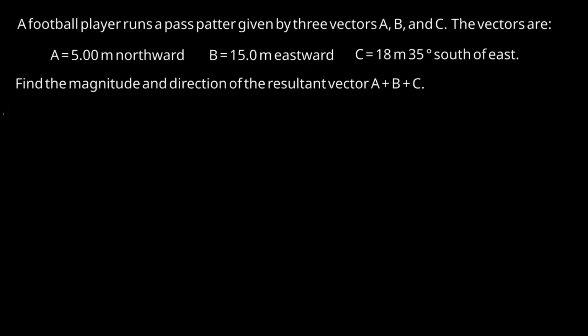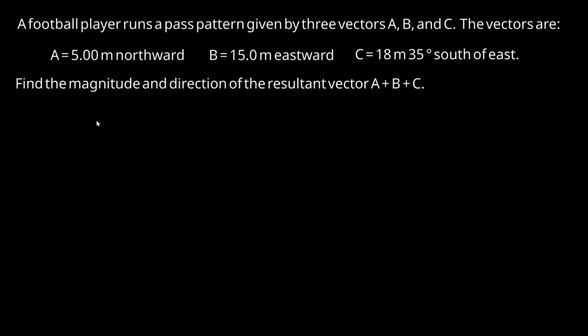In this example, we have a football player. Football player runs a pass pattern given by three vectors, A, B, and C. A is, he's going to be running 5 meters northward. B, he's going to be running 15 meters eastward. And C, he's going to be running 18 meters, 35 degrees south of east. Find the magnitude and direction of the resultant vector.